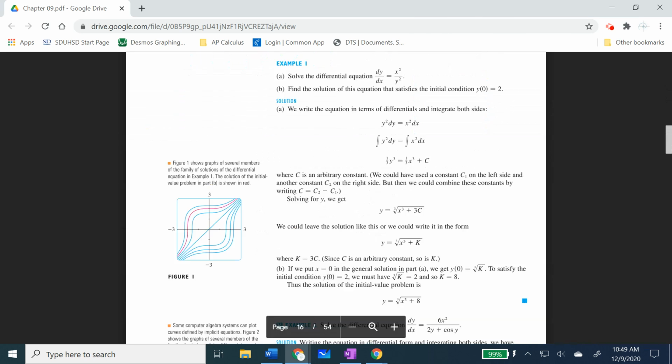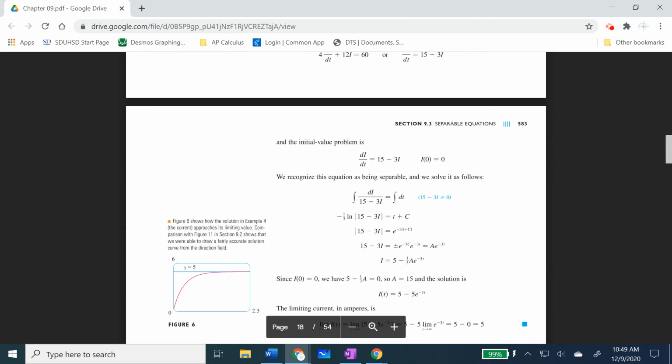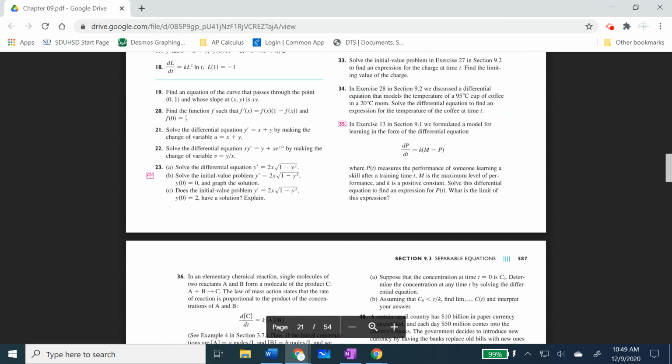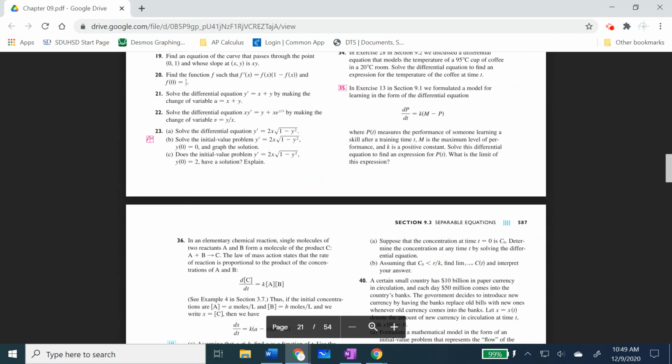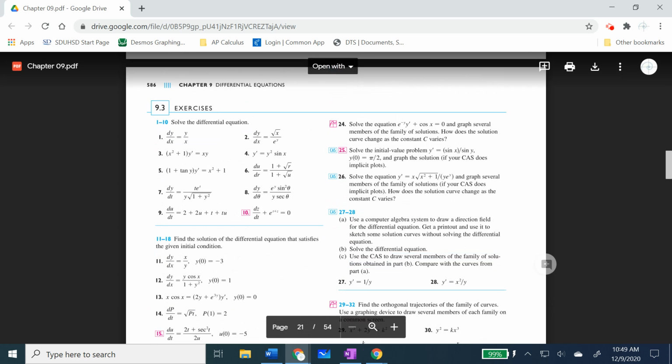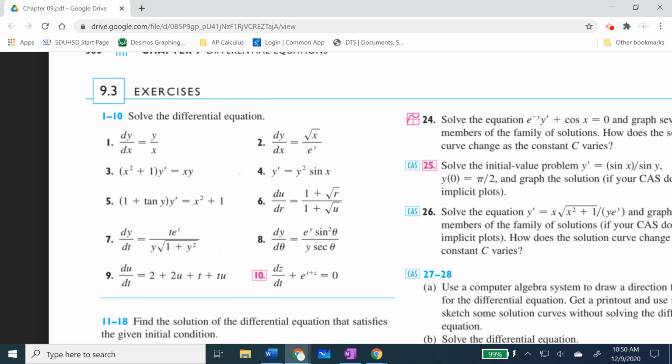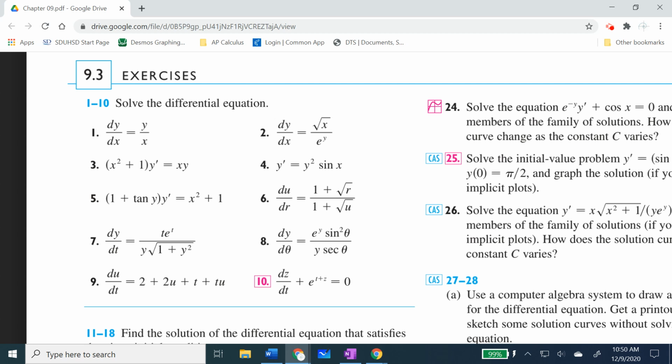And section 9.2 is what I'm going to come back to in a couple of days. Because I'm saving it for last so you have more time to practice these. I gave you some problems in this 1 through 10 category. It just says solve the differential equation.